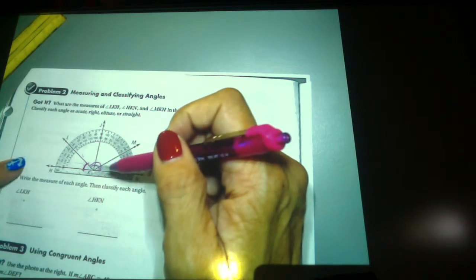This is your 0 degrees here. From here to here, what does that measure? 145. So what's left out of 180 for this one? 35 degrees. That would be 180 minus, you said it was 145? Okay. So that's where our 35 degrees comes from.